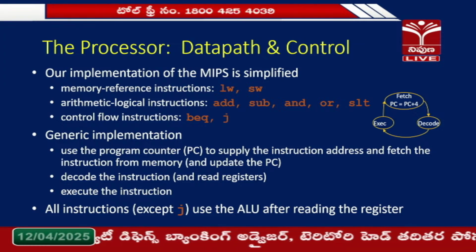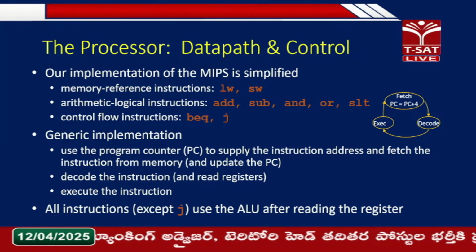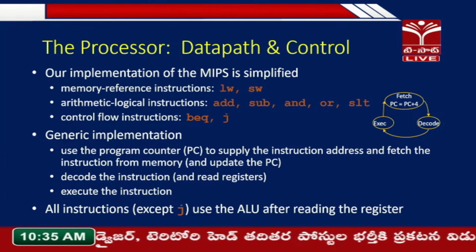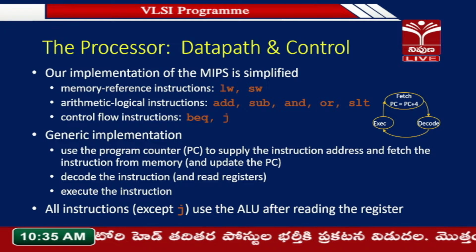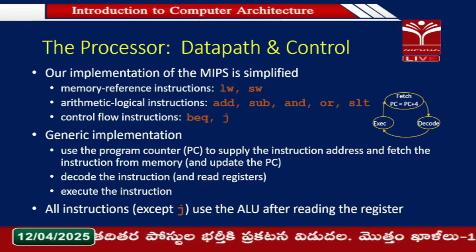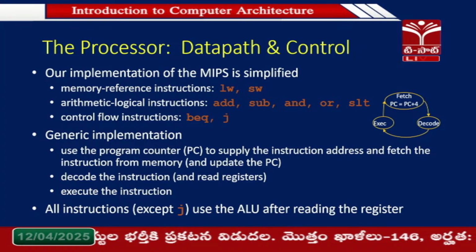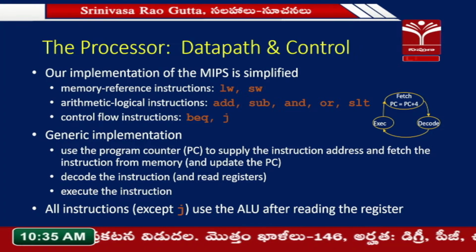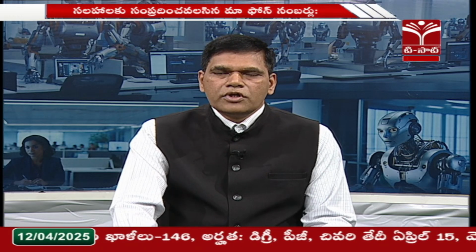So, except for the jump instruction, there are other instructions also that use the ALU, because the ALU is one data path element that is reused by multiple instructions here, not just the arithmetic logical instructions, but also in case of load, store, if you need to add a number to the address because you have a pointer, and you are trying to add an address offset to the C pointer, then you use the ALU for doing the address computation.